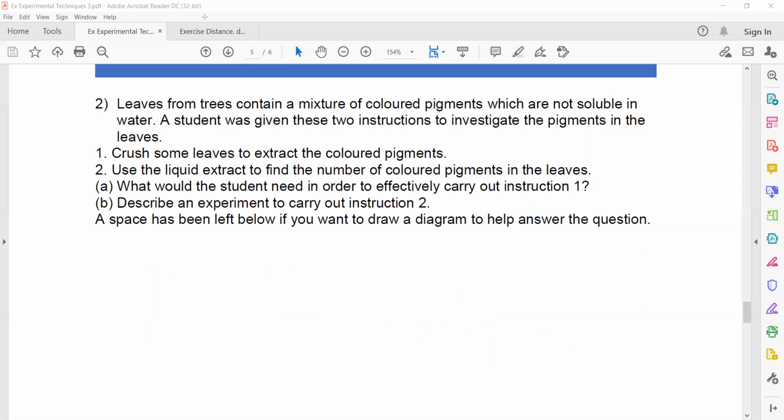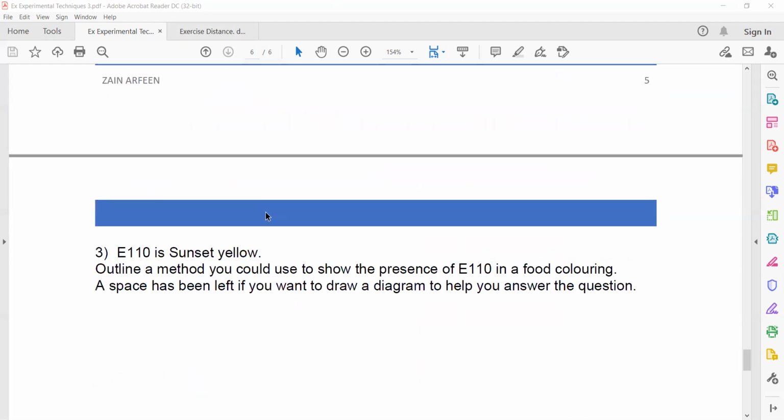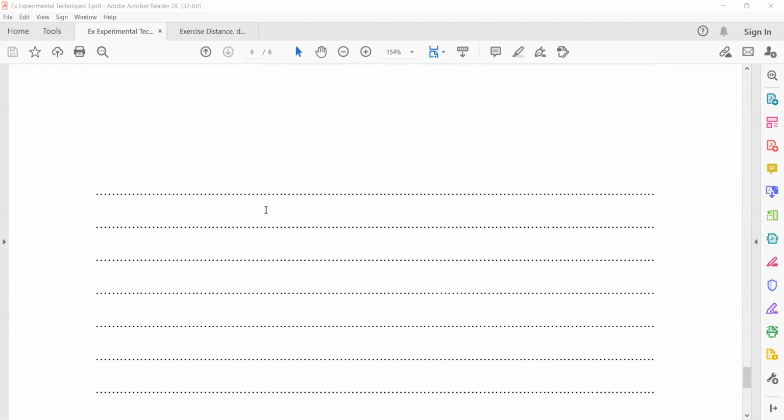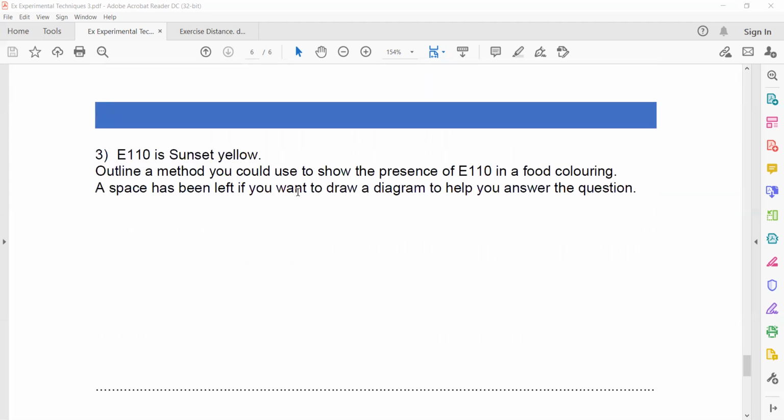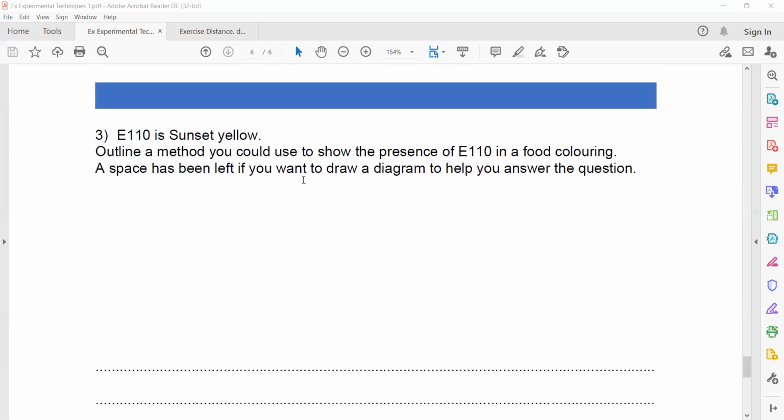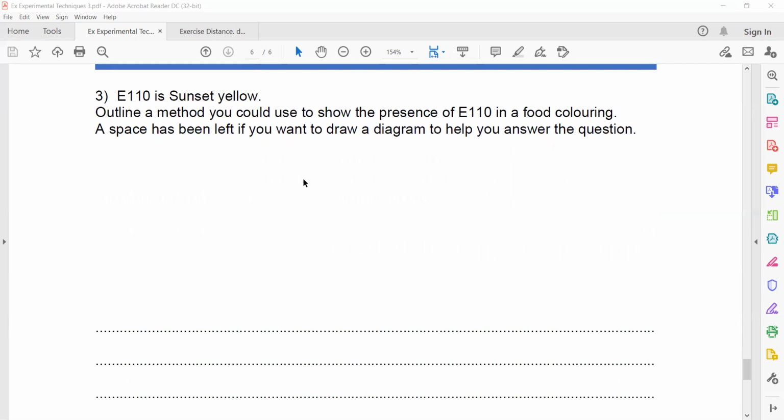And moving on to question 3. So they mention E110 is a sunset yellow. So basically it's a food color, E110. You can find different types of food color, and these are actually the codes for the food colors. You can find different food colors having different numbering.